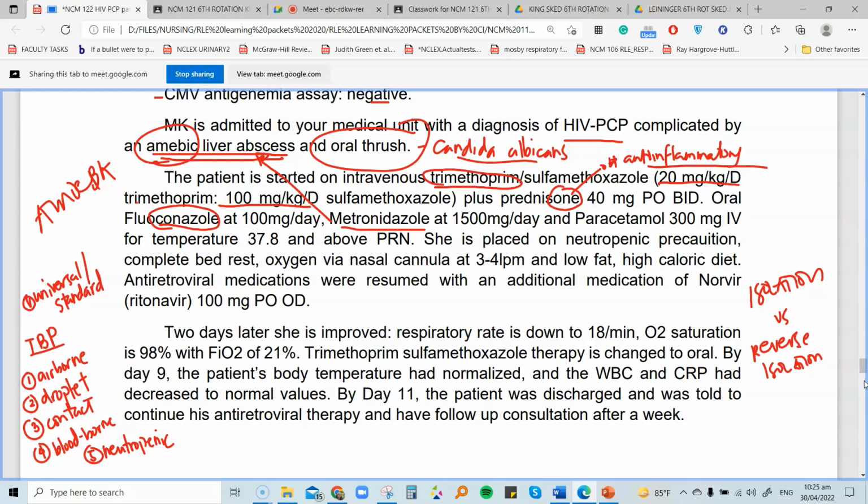So actually, the term isolation is very much dependent on the condition of your client. If you are dealing with a patient who is contagious, then you use isolation measures. Your reason for placing that patient in a lone room, in a separate room, is that the patient is contagious.